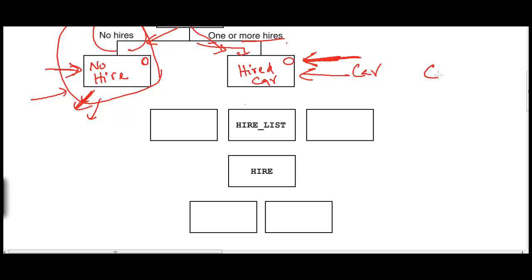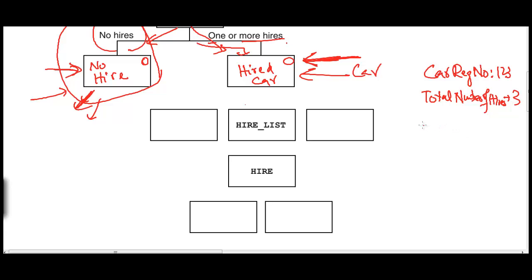Can we have something like this? Would this make sense? Car registration number 123 was hired 3 times. So total number of hires was 3, right?